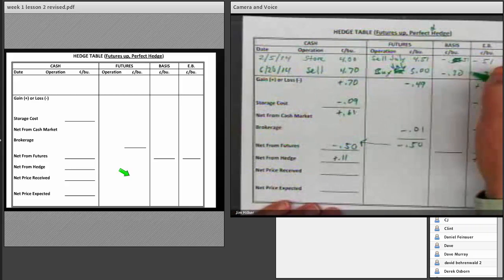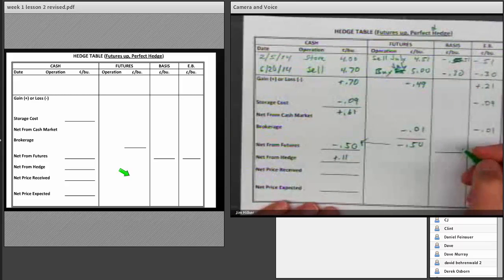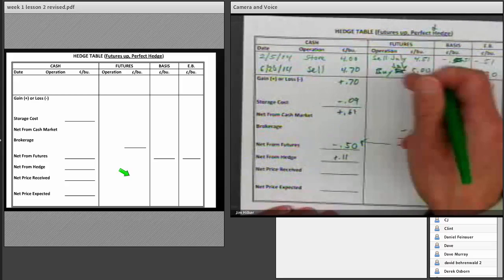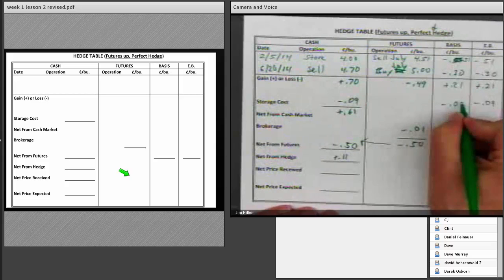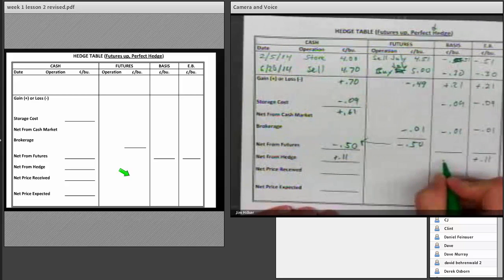And again, what happened here is we did exactly what I expected. I did sell my corn for 470, so we made 21 cents there. I did have to pay my 9 cent storage. I did lose 50 cents in the futures market. And I still had to pay the broker. That is how our net turned out to be $4.11.